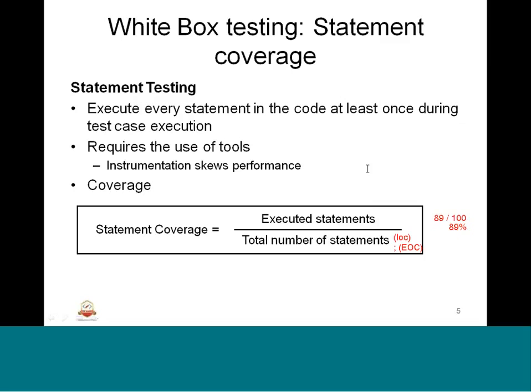This monitoring is done in all but the simplest test cases with tool support, as I said. So when all black box test cases have been executed, the tool can report which parts of the code remain untested. It means we know that 11% is untested. So now we need to construct new test cases that will cover the remaining statements as much as possible.